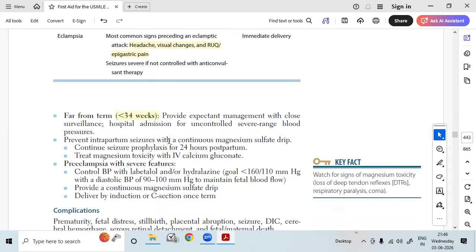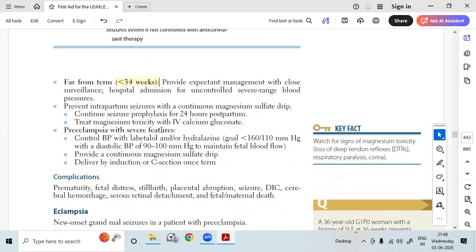Prevent intrapartum seizure with a continuous magnesium sulfate drip. Continue seizure prophylaxis for 24 hours postpartum. Treat magnesium toxicity with IV calcium gluconate. Preeclampsia with severe features: control the blood pressure with labetalol and or hydralazine.